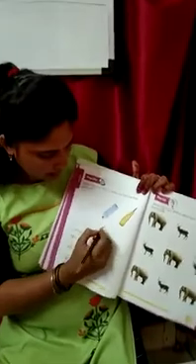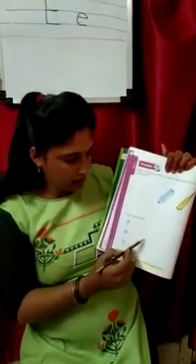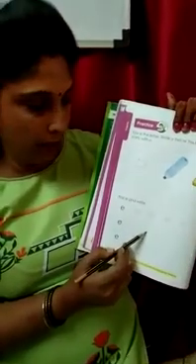See, this is an empty bottle. So we write e. Okay kids? Now, trace and write. Here is tracing. First of all, you trace small e, and after that you write small e. E for envelope. Okay kids?